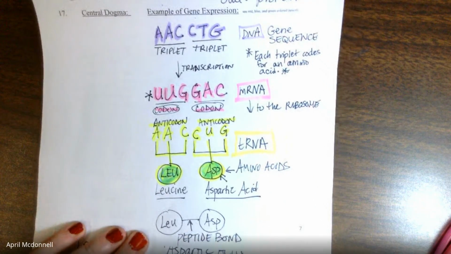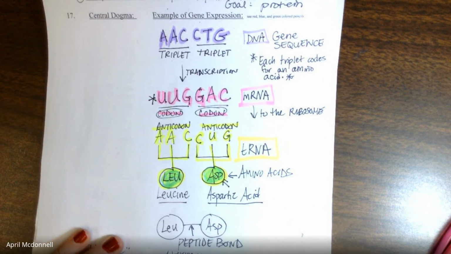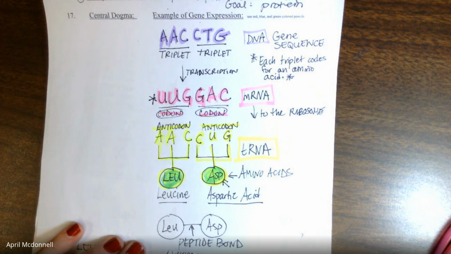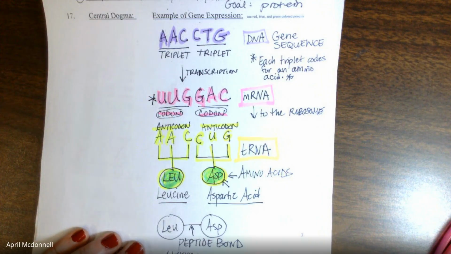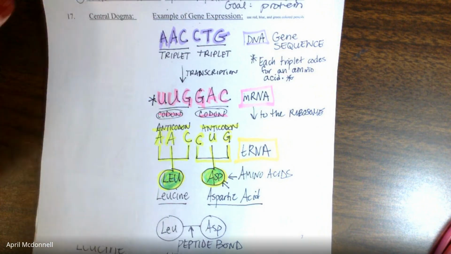At the ribosome, peptide bonds are formed in order to connect amino acids and build a very large chain of amino acids, which we're going to call a protein. The function of the ribosome is to form peptide bonds to connect amino acids. This is why we say that the ribosome is the site of synthesis for proteins.